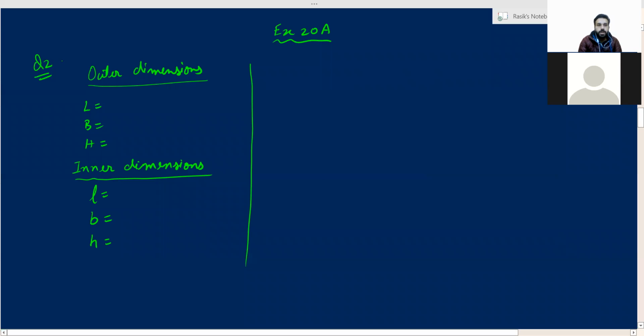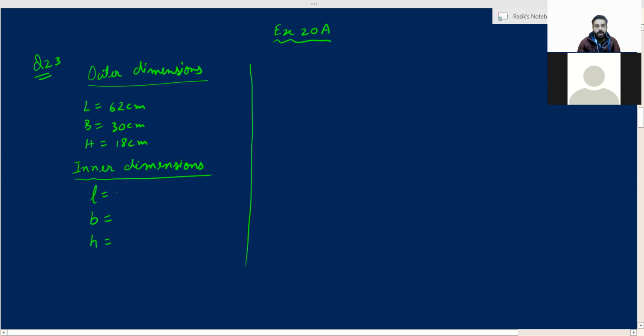So question 23, the outer dimensions of the box are given. External dimensions are: length 62 centimeters, breadth 30 centimeters, and height 18 centimeters. Now the box is made up of wood. 2 centimeter thick wood is used all around.